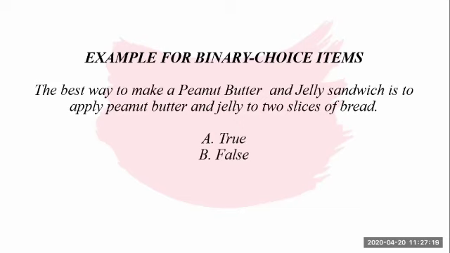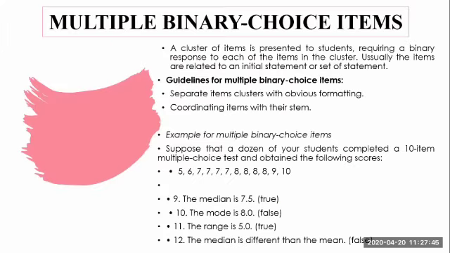Example question for binary choice item: the best way to make a peanut butter and jelly sandwich is to apply peanut butter and jelly to 2 slices of bread. A, true. B, false.